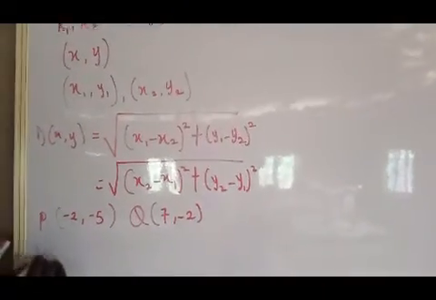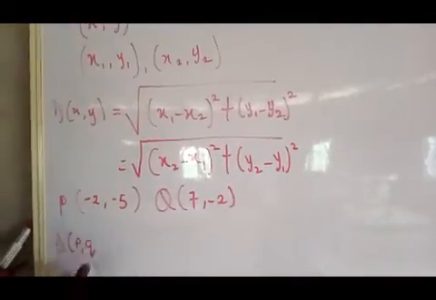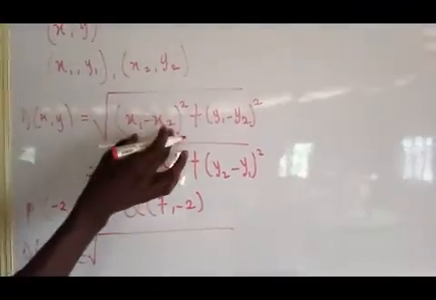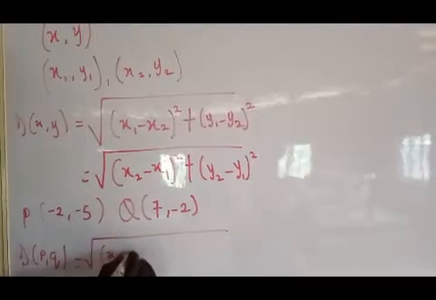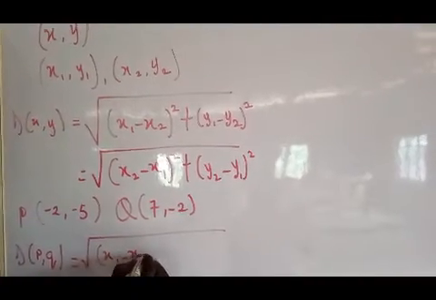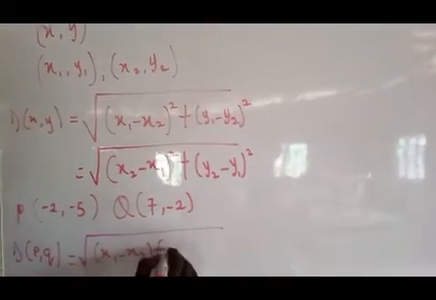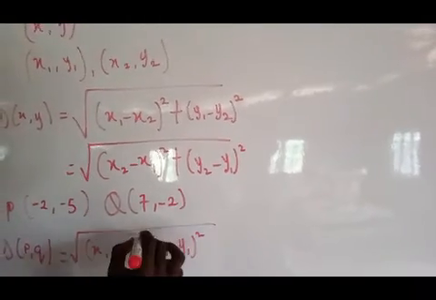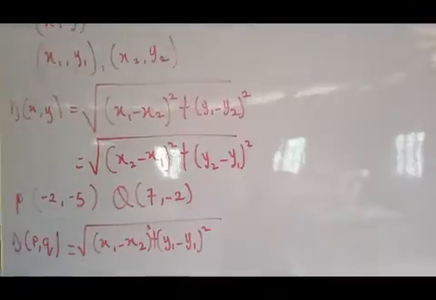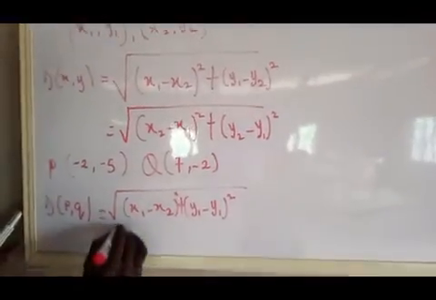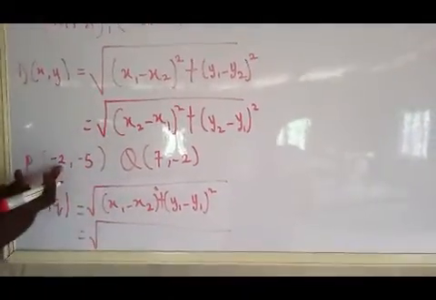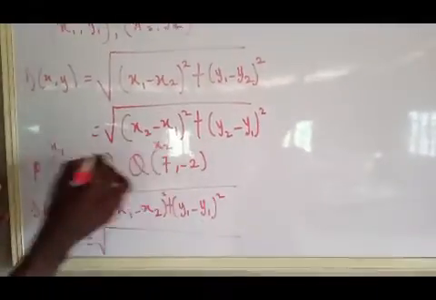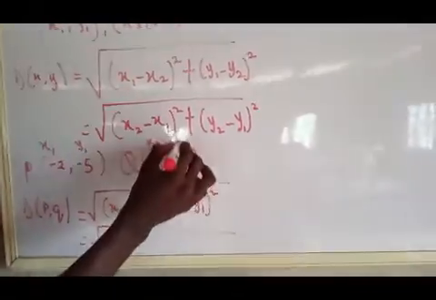I will say distance between p and q is equal to the square root of x1 minus x2 squared, then plus y1 minus y2, don't forget the square. So this will now be equal to what? This is your x1, this is x2, this is y1, and this is y2.